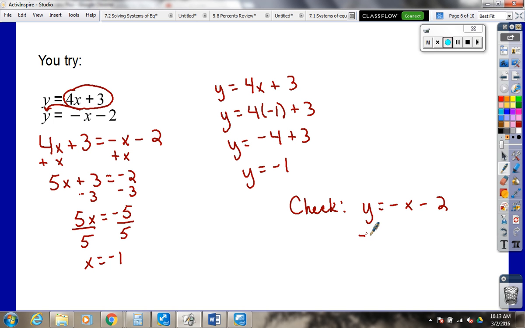So y is -1. Be careful when you're checking it. You have -x, which means you have a -(-1). What does that become? +1 minus 2, which is -1. So we were right.